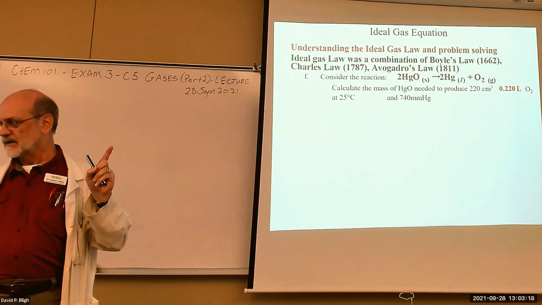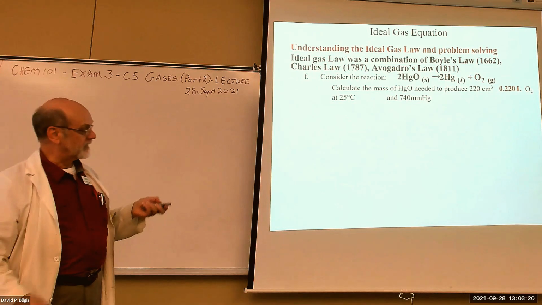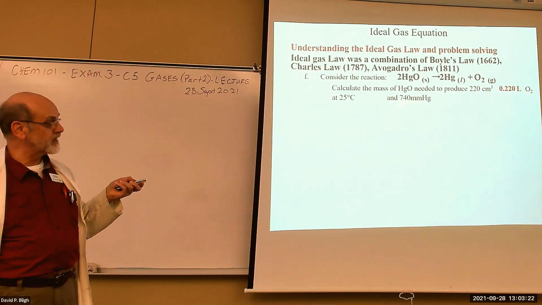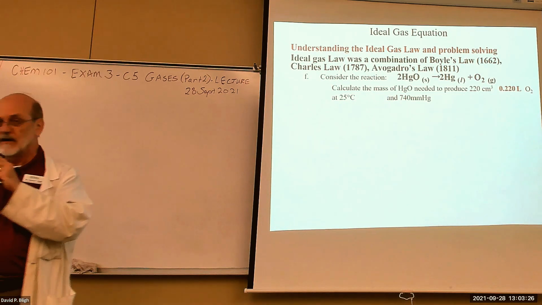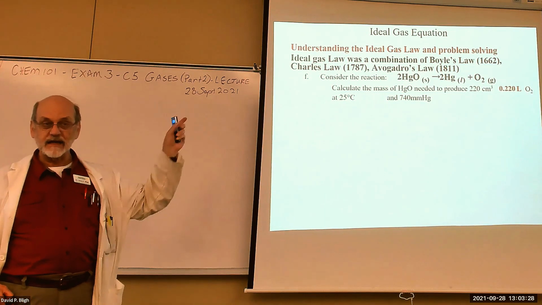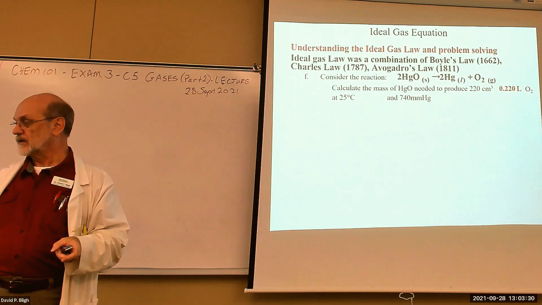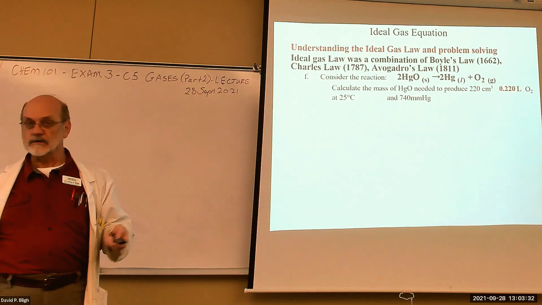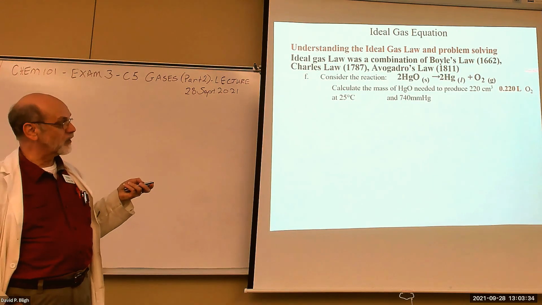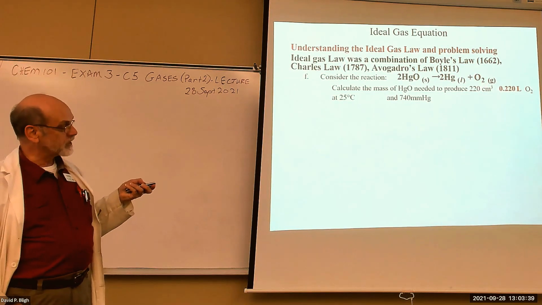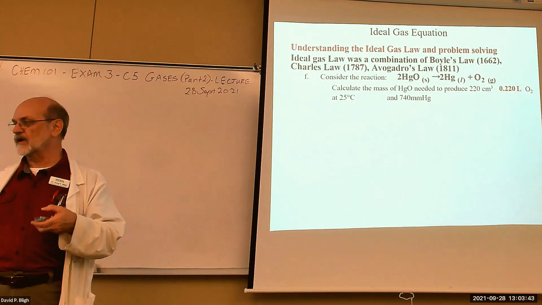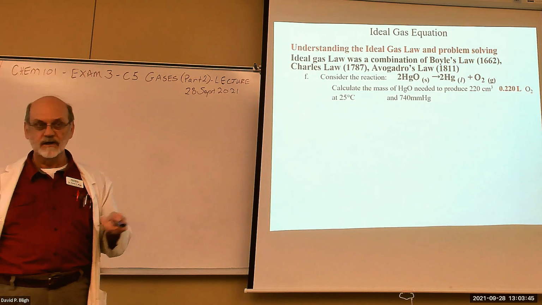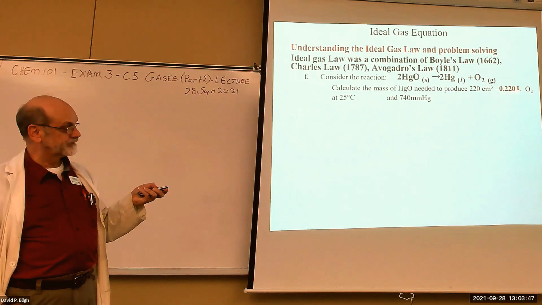Moles. Got to have moles. In this case, do we have enough information to find out the moles of gas? Because if we know the moles of gas, we can convert it to any of those other reactants or products. All we need to know is how many moles of gas are produced in this reaction. Well, we've already converted 220 cubic centimeters, which is 220 milliliters. Convert that to liters.